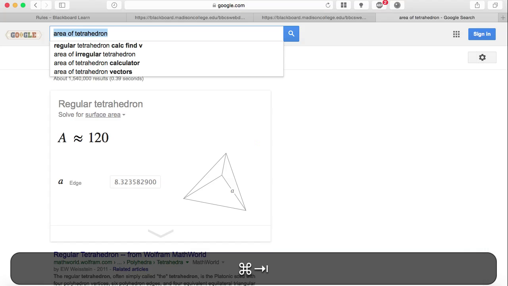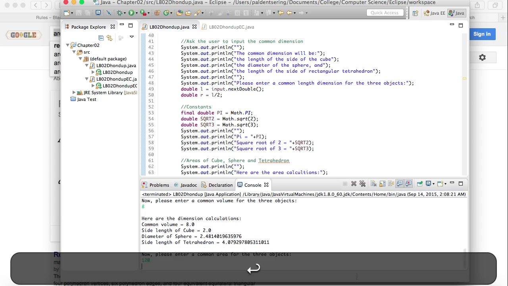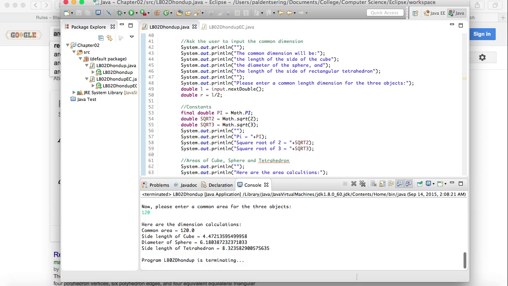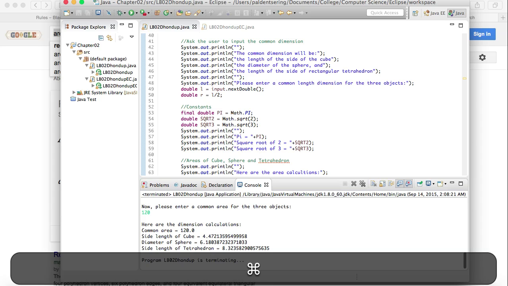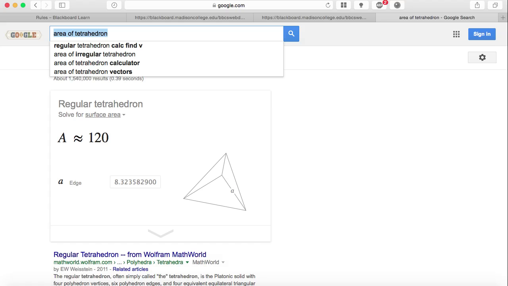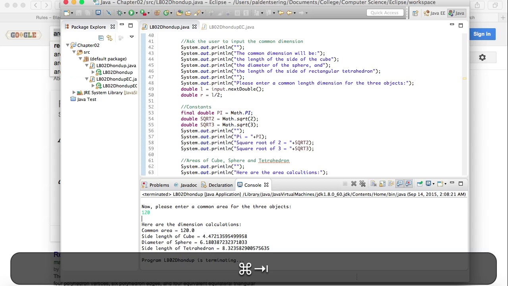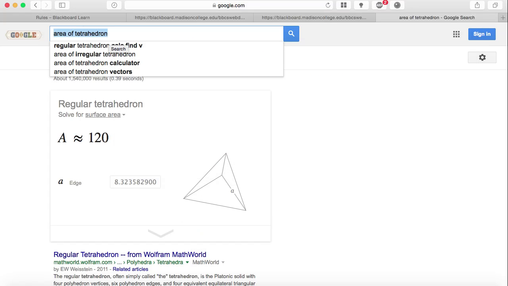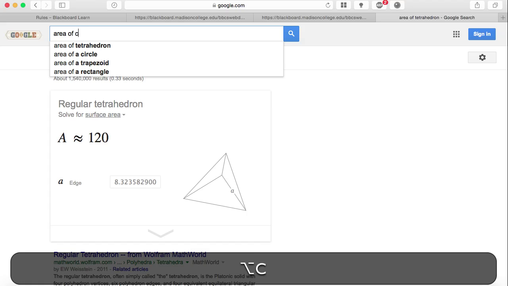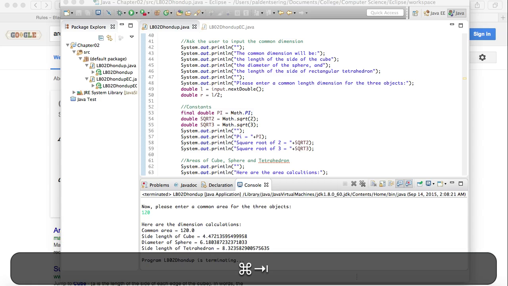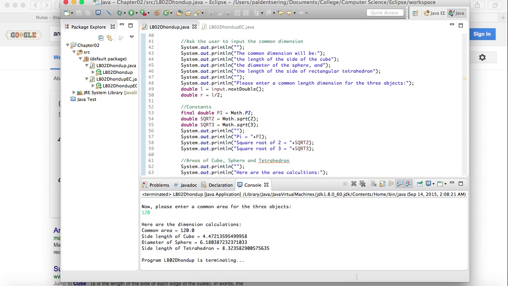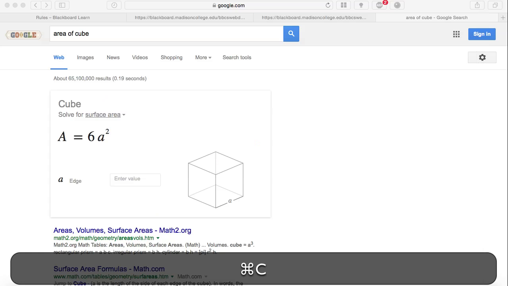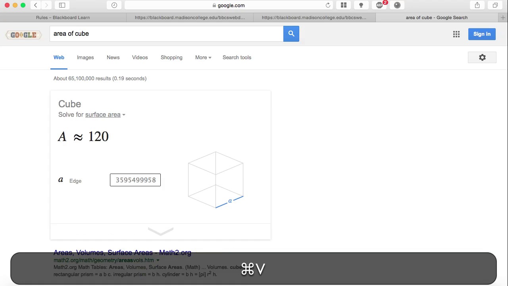Let's go for 120, and the side length of the tetrahedron, as you can see, is 8.321. It works. And then the cube's side length, 120, so it works for the cube.